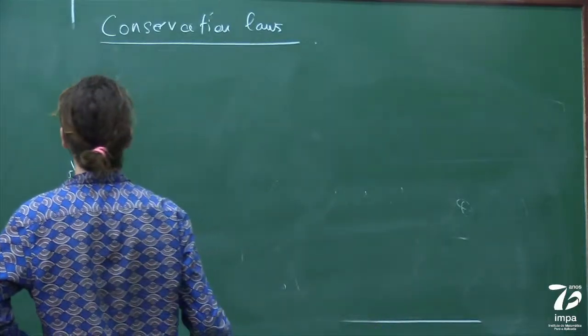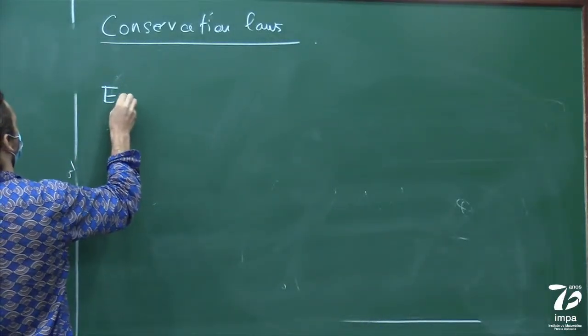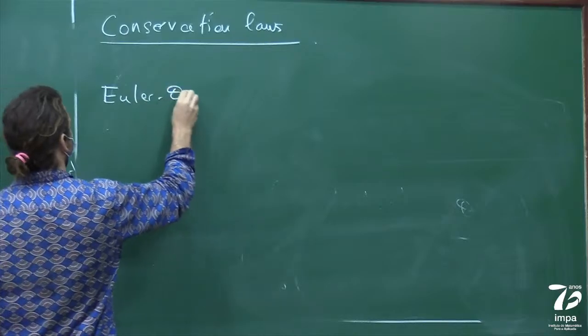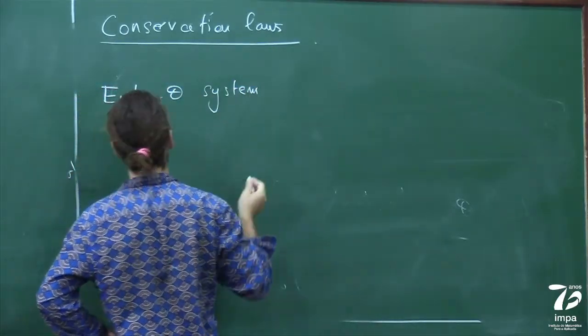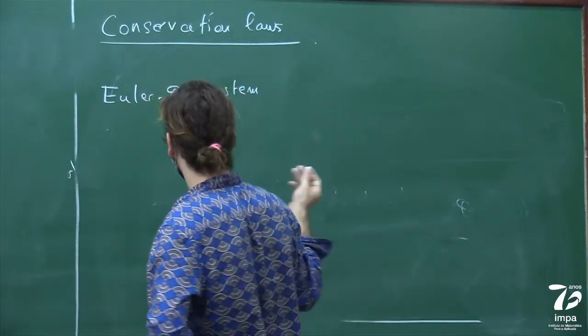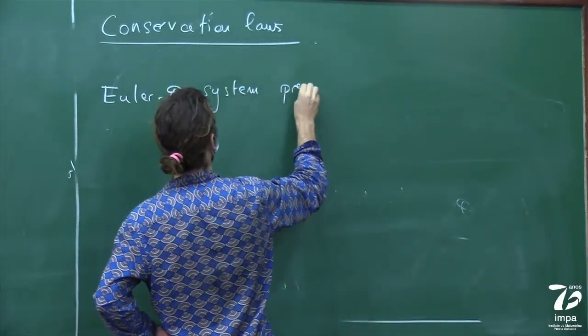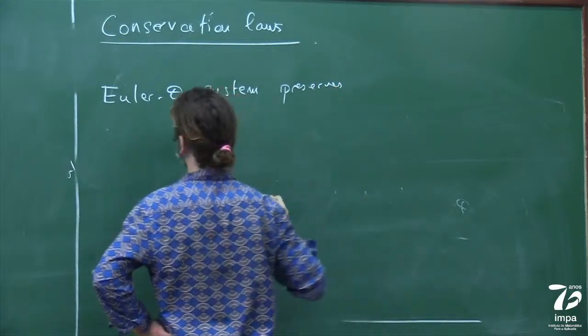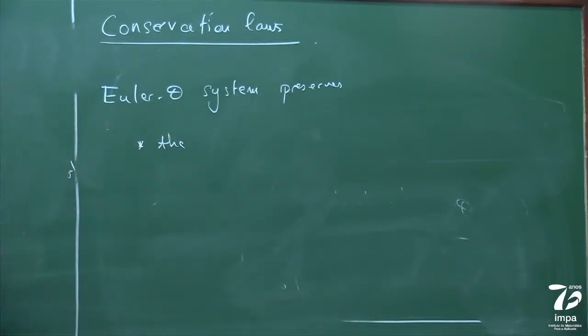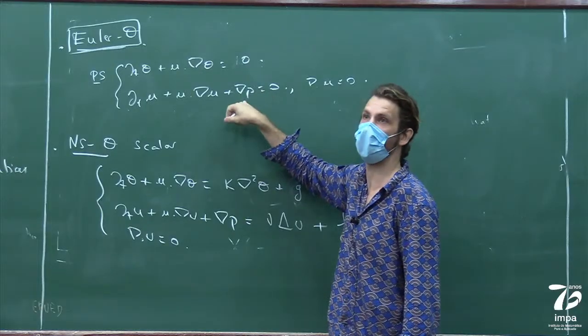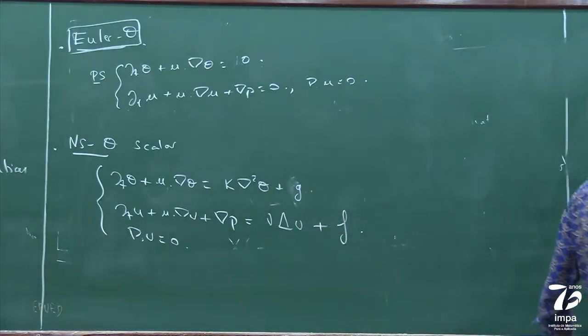The Euler theta system naturally preserves the kinetic energy, of course, because the scalar does not back react on the velocity field.